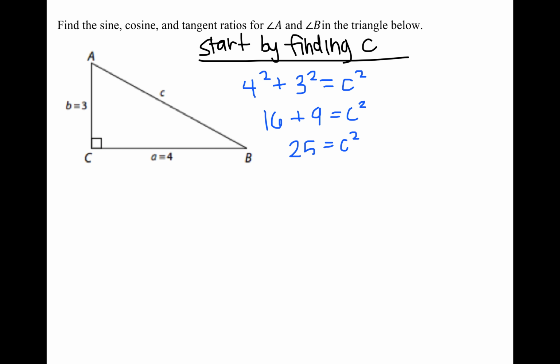To get rid of the square, I'm going to take the square root. Normally when you take a square root, you have to do plus or minus, but because we are working with triangles, and these are side lengths, you can't have negative side lengths. So I'm just going to say that C is equal to 5.